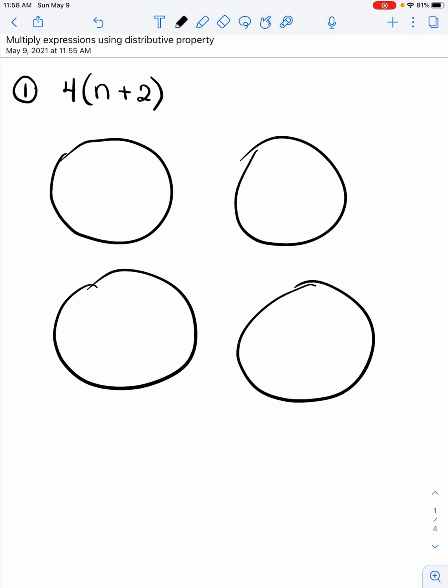So whatever goes outside the parentheses, whatever number we're multiplying by, that's how many circles we're going to draw, or how many groups. And we know that each group has to have an n, because it's 4 groups of n, and each group also has to have 2. And since we're adding, I'm going to put plus signs.